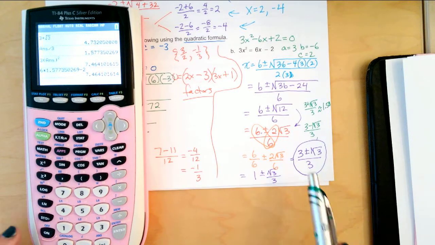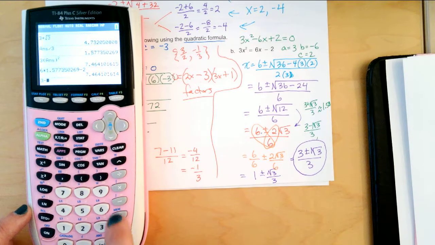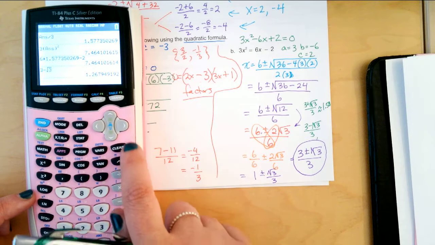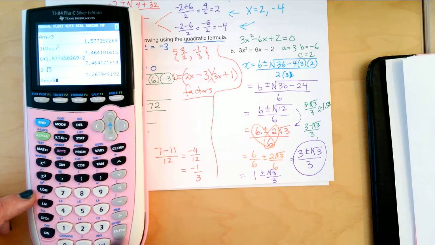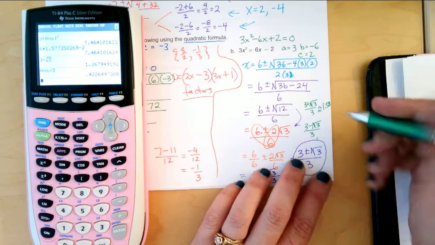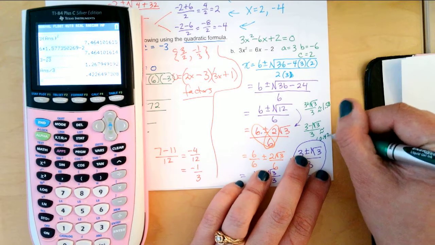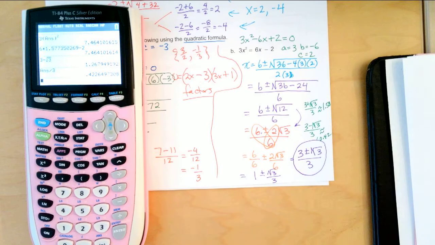Okay, let's try to check the other one. 3 minus the square root of 3. I'm going to divide that number by 3. Okay, this one is approximately 0.42. Now if I check 0.42, it's not going to come out exactly.